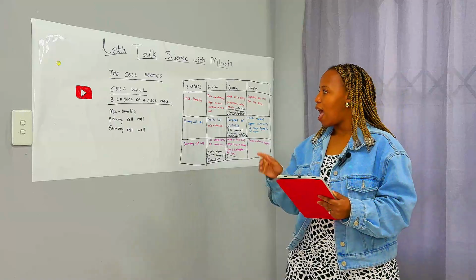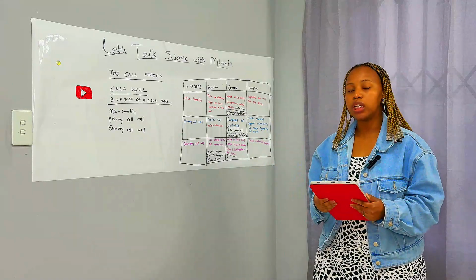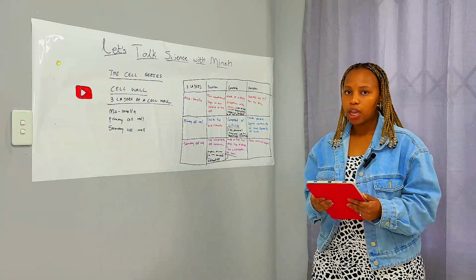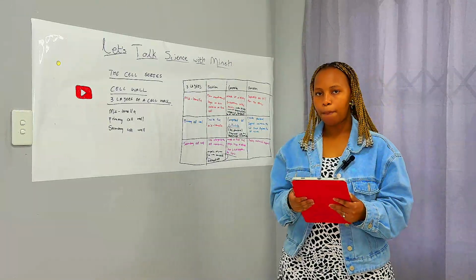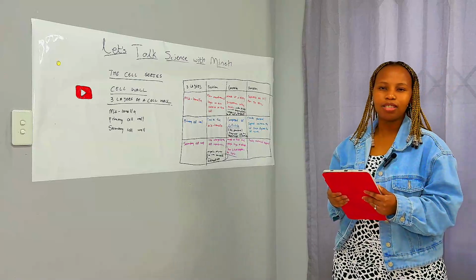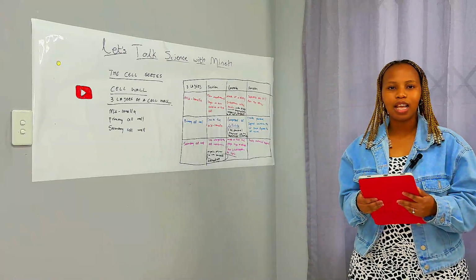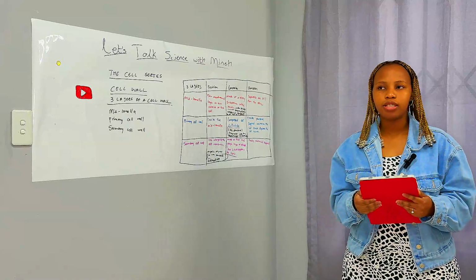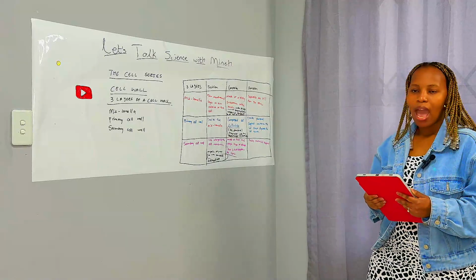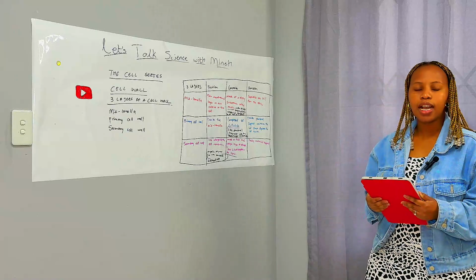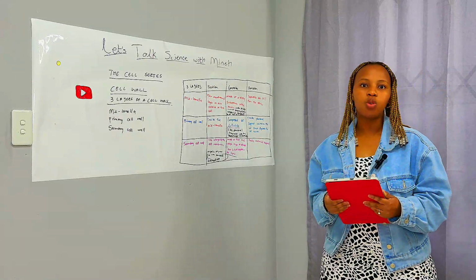So the cell wall has three layers, which are the middle lamella, the primary cell wall, and the secondary cell wall. The middle lamella, we find it just outside the cell wall. It's a thin membranous layer, and it is made up of pectin, which is a carbohydrate that is water soluble.